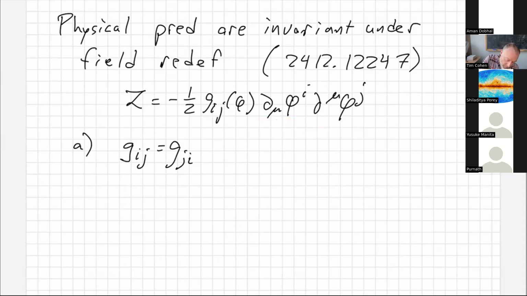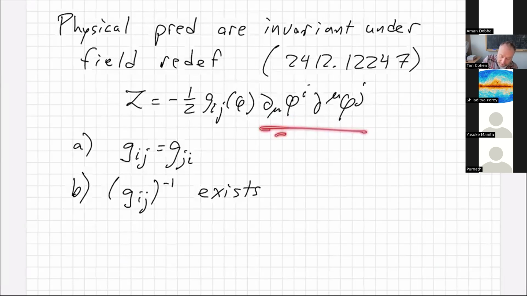Then the second fact is that g^ij, the inverse, exists. That's because we're assuming that these are scalar fields in a quantum field theory, and that means that they need to have a non-trivial kinetic term. So this thing is going to have ones, at least when it's canonically normalized, along the diagonal plus functions of the field, right?